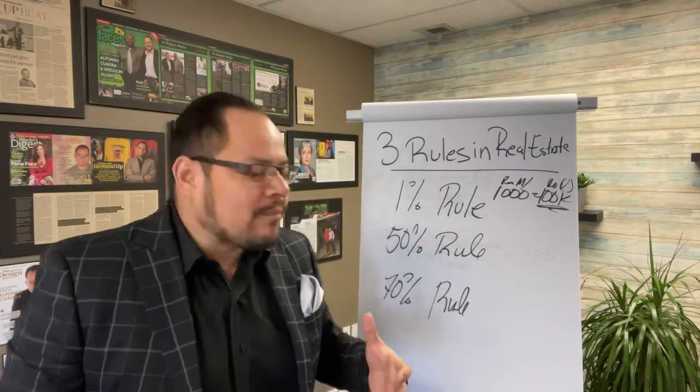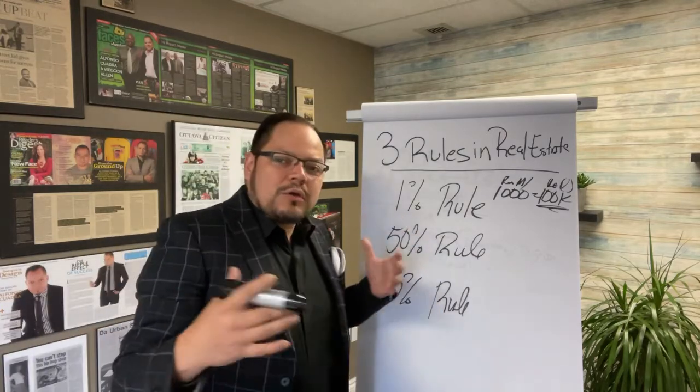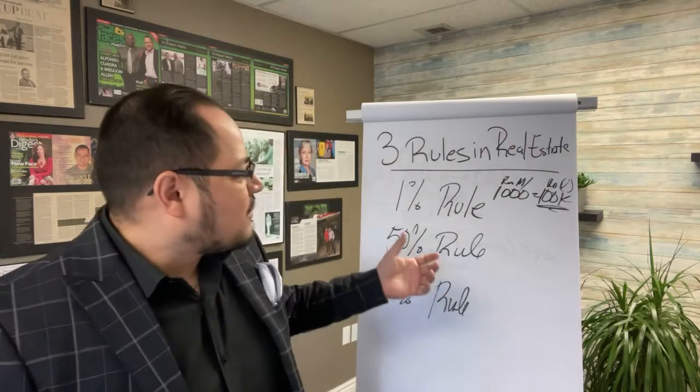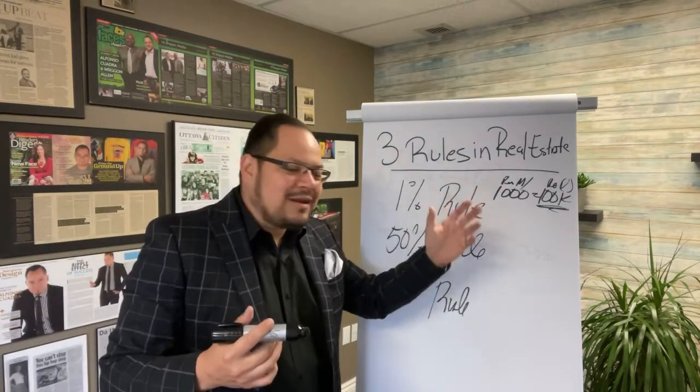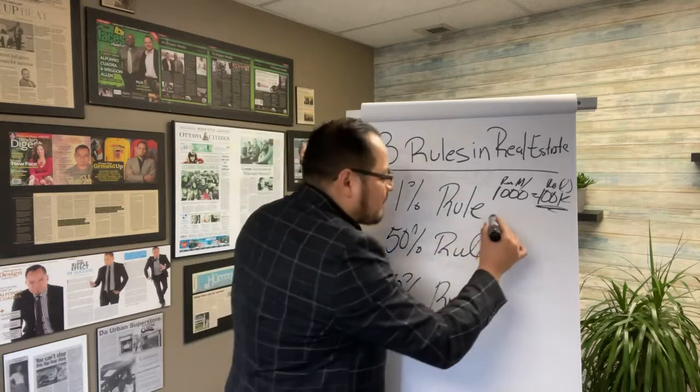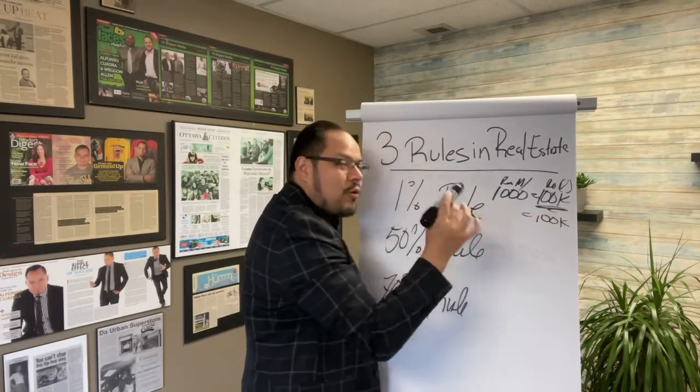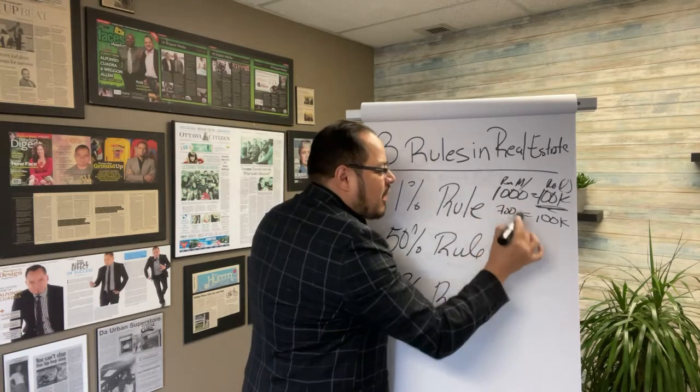But for example, you can have a range, for example, 0.7 to 1%. So on the 0.7 side, that means for every $100,000 in real estate value, 0.7 would be $700.